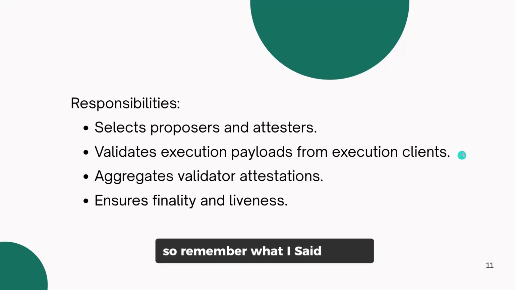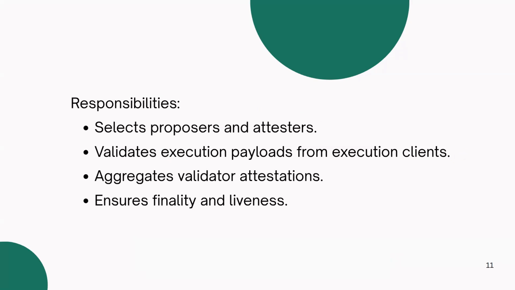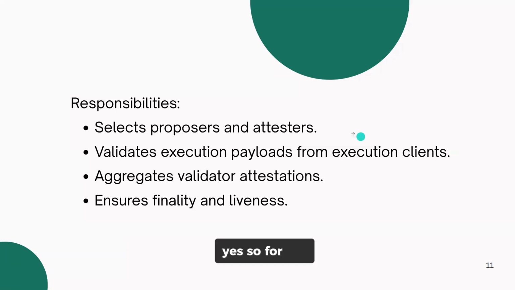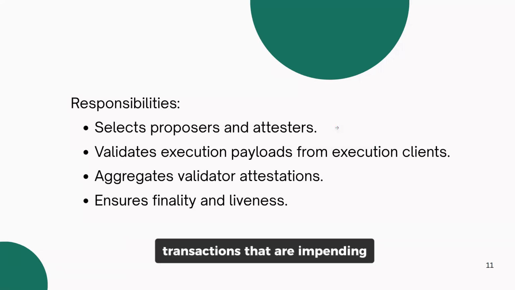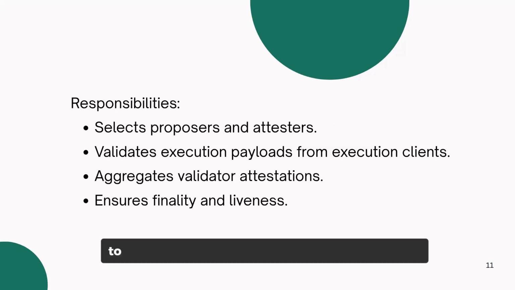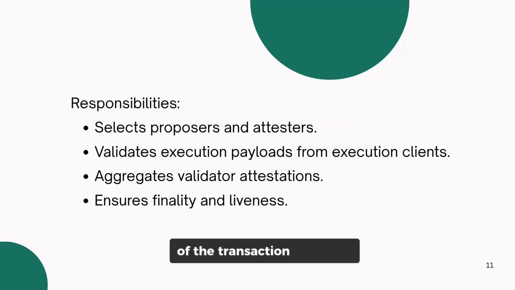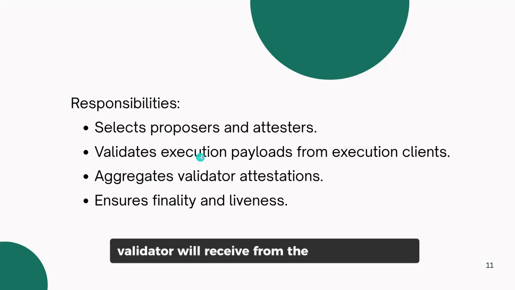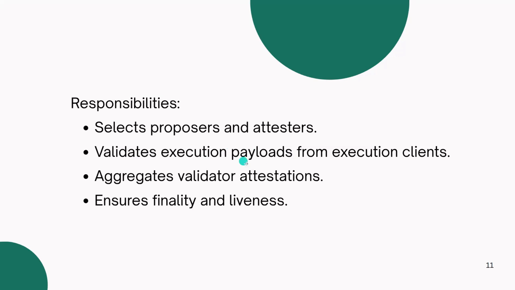So remember what I said within the context of the execution layer: the execution layer provides payloads to the consensus layer. For the transactions pending within the mempool to move to the next phase of the whole transaction lifecycle, what the validator will receive from the execution layer is the pending transaction in the form of its payload.